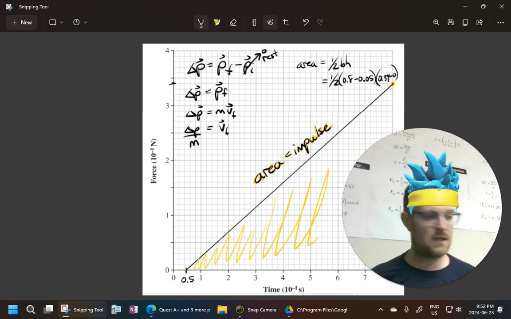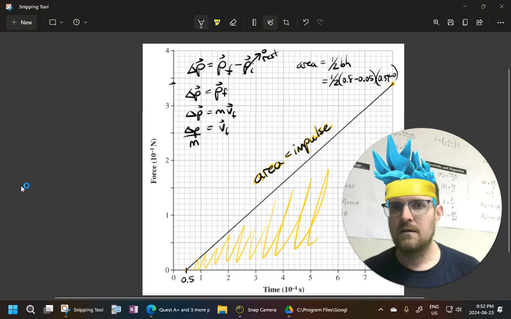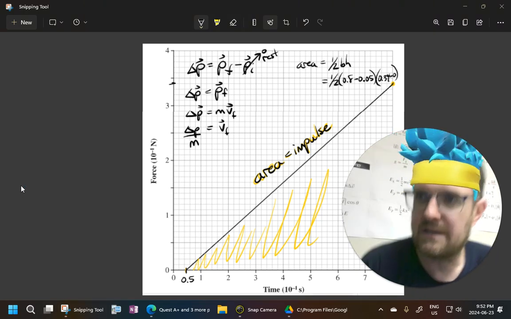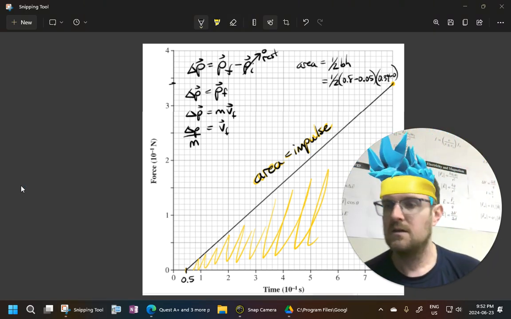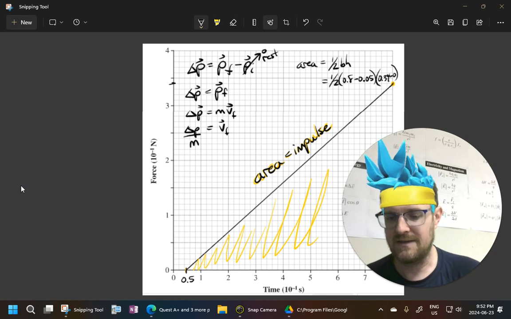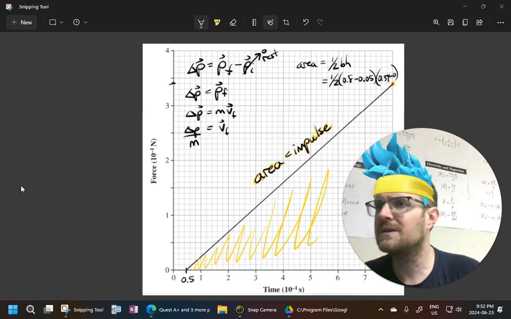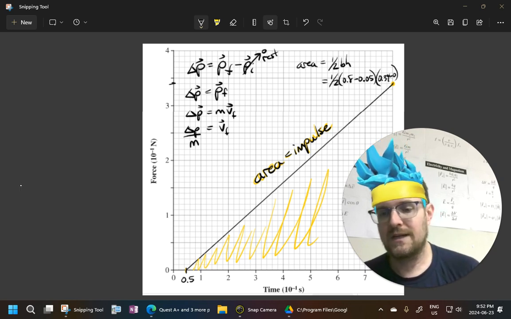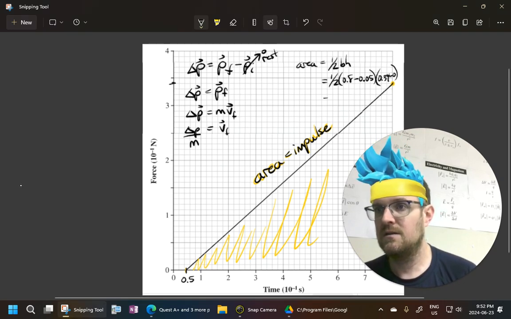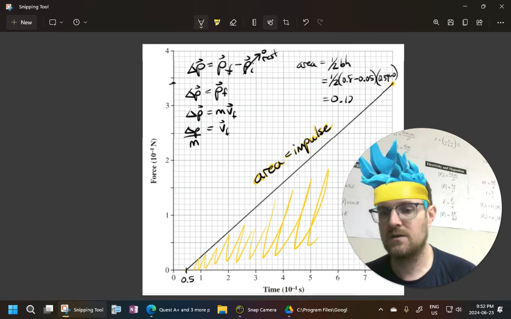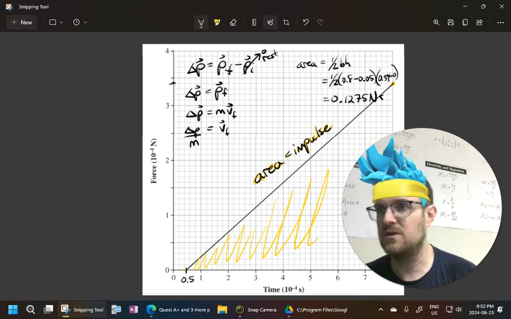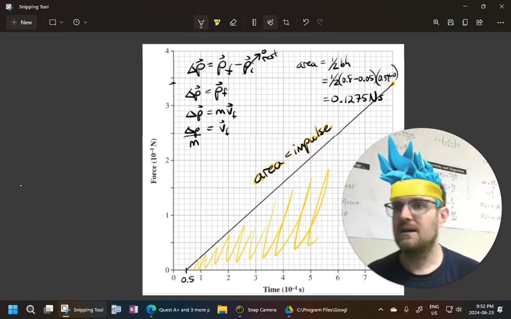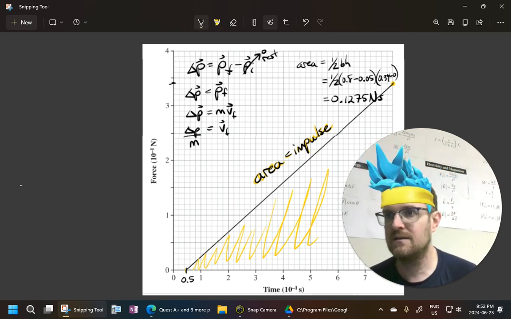So you pull out your calculator here, and you get a half times... I haven't done the math yet. Sorry, this is just on the fly, so you're doing it when I'm doing it. I get an impulse of 0.1275 newton seconds. Okay, now what I'm going to do is I'm going to take that over here.